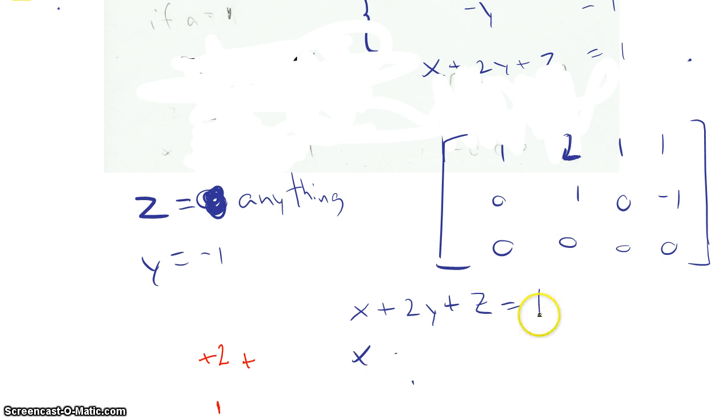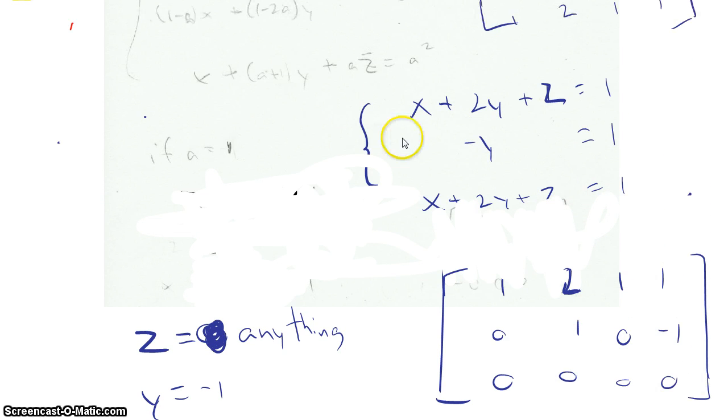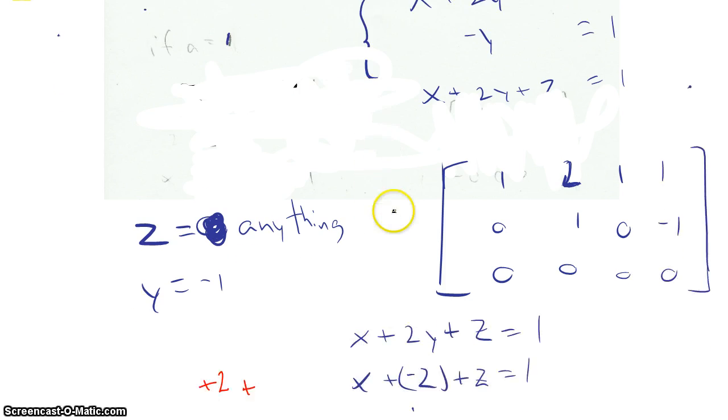So y is negative 1, so I'll put a negative 1 here and get plus negative 2 or minus 2. Whatever number I choose for z, now you see I can solve. You have to pick a number and put it in for z, because any number works. Then I can solve for x. So when I pick a different number for z, I have another solution. So here you have many solutions. So this is the case when a equals 1, and I have many solutions.